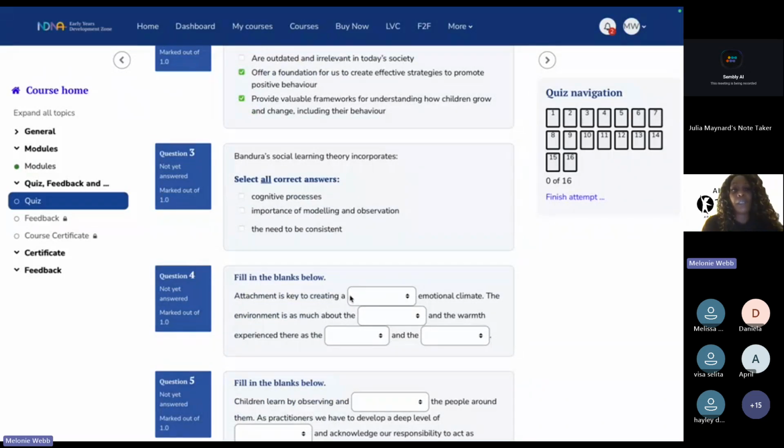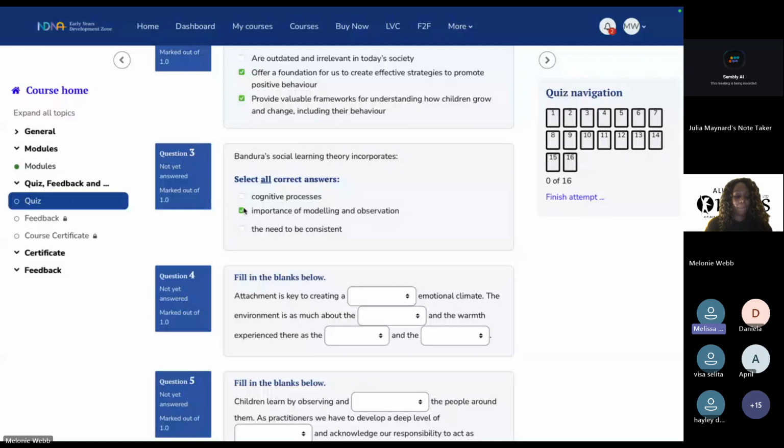Bandura's social learning theory: does it incorporate cognitive processes, importance of modeling and observation, or the need to be consistent? That's a tough one because that was in the first module. Importance of modeling and observation. Anything else? Okay.